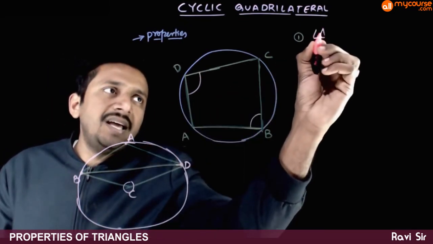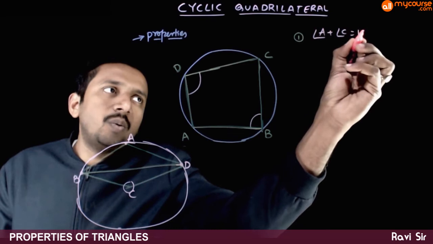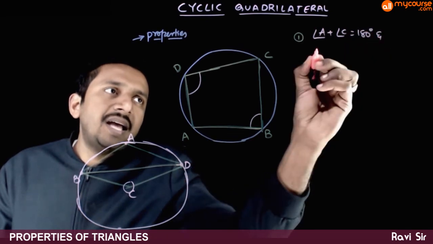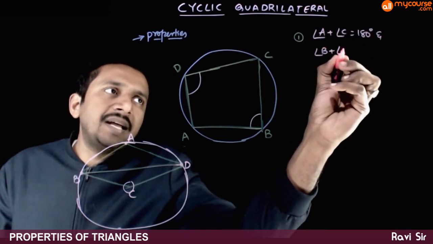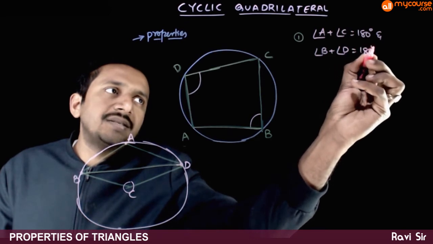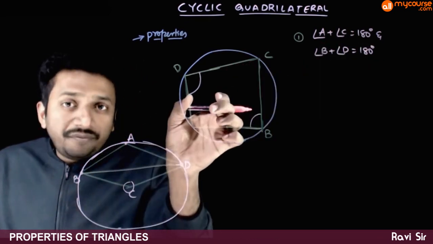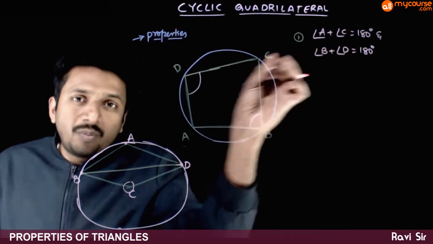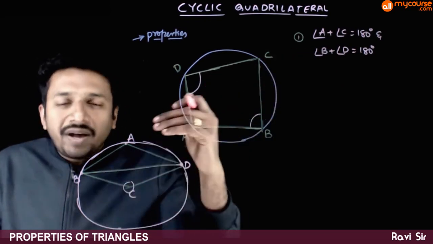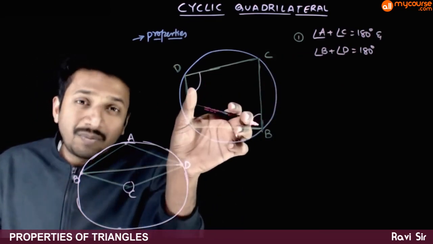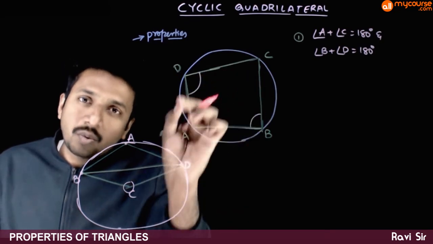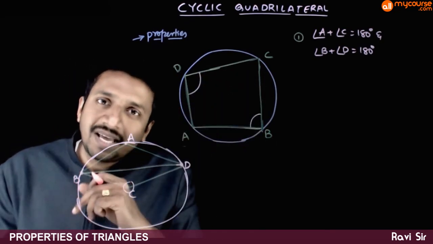That is, angle A plus angle C is 180 degrees, and angle B plus angle D is 180 degrees. And vice versa also: if the sum of opposite angles is 180, then the quadrilateral automatically becomes a cyclic quadrilateral.